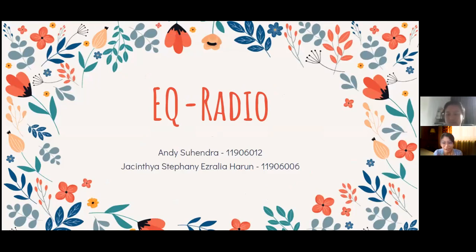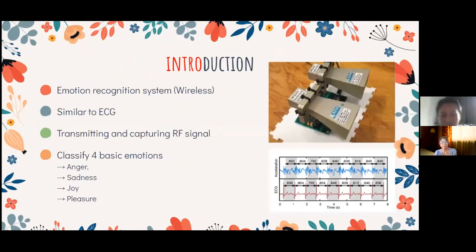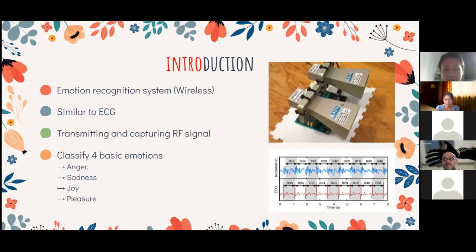Good morning, everyone. So today we will be discussing a unique device that can detect emotion called EQ radio. EQ radio is an emotion recognition system that relies purely on wireless signals. It is similar to ECG, but EQ radio operates by transmitting an RF signal and capturing its reflections off a person's body.